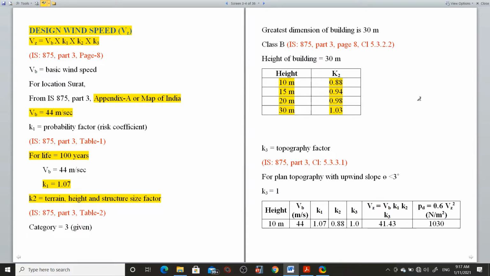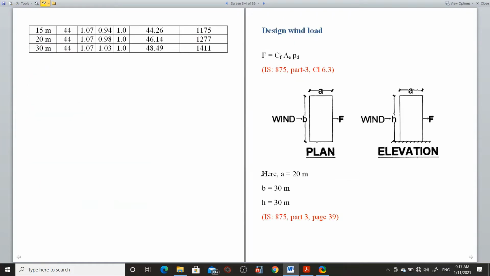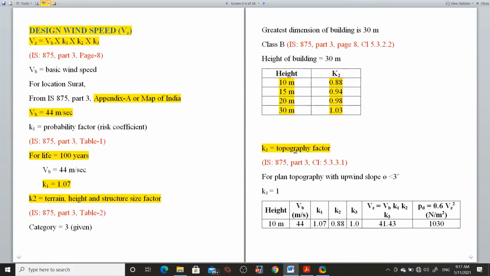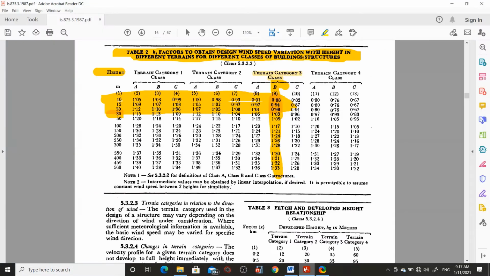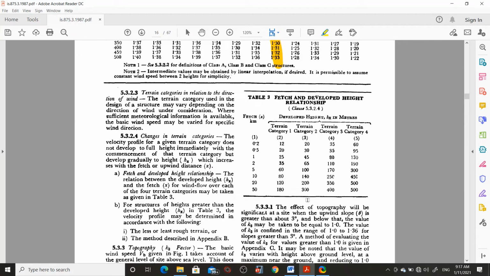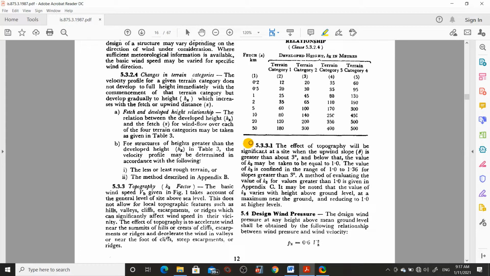Next we find K3, the topography factor. For K3 we go to clause 5.3.3.1. The effect of topography will be significant at a site where the upwind slope is greater than 3 degrees, and below that value K3 may be taken as equal to 1.